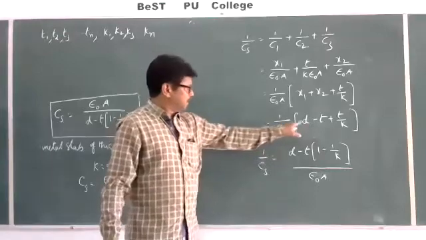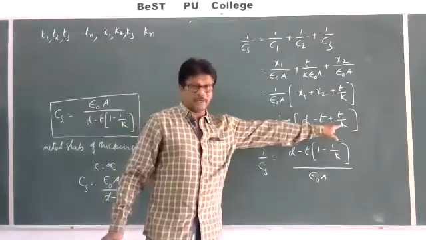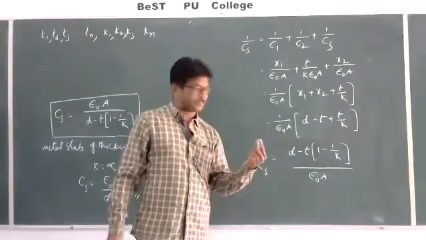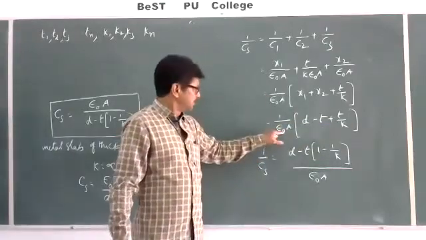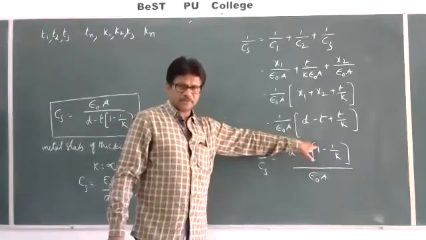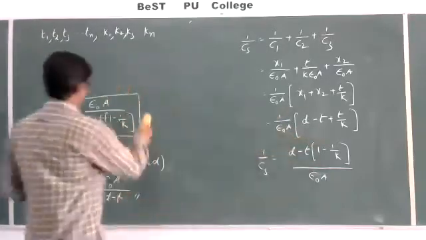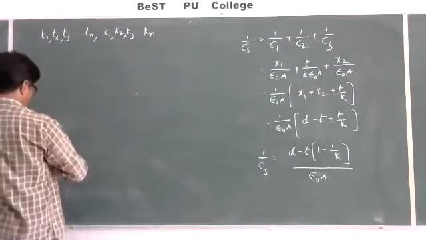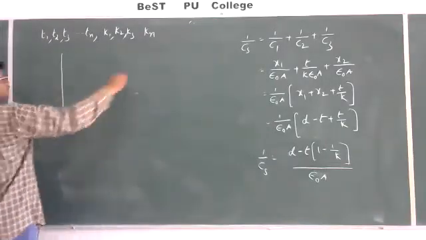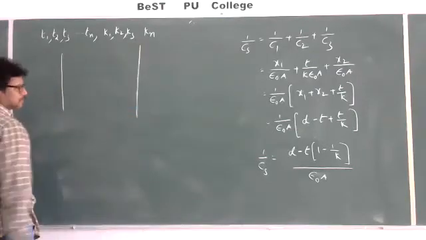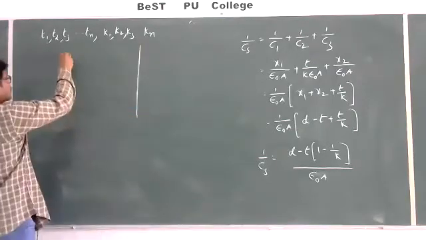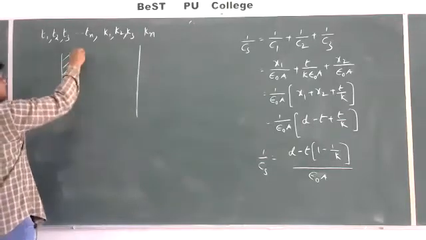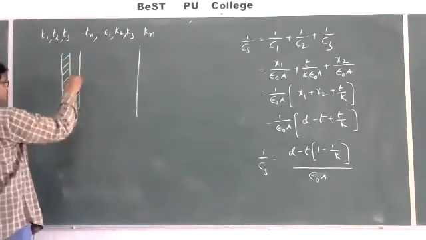Here D minus T plus T by K we get when only one dielectric slab is taken. But here the problem is, this is one capacitor and it is filled with different dielectric slabs.